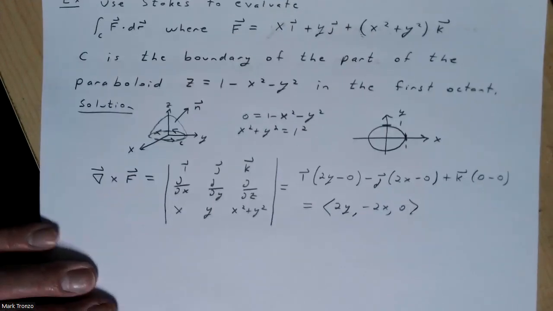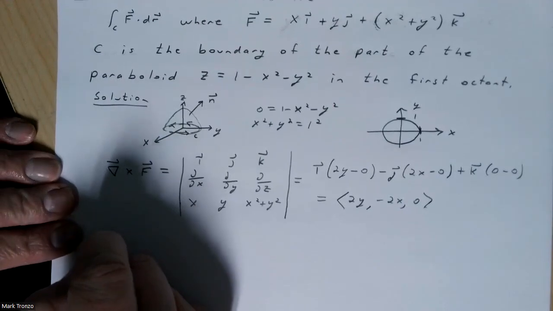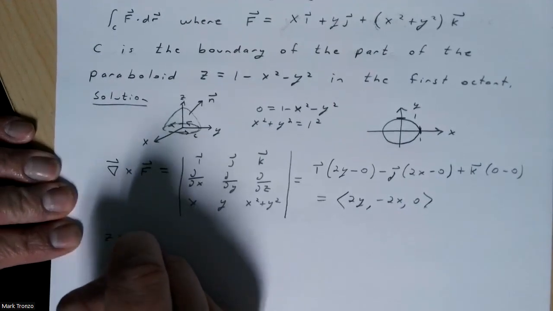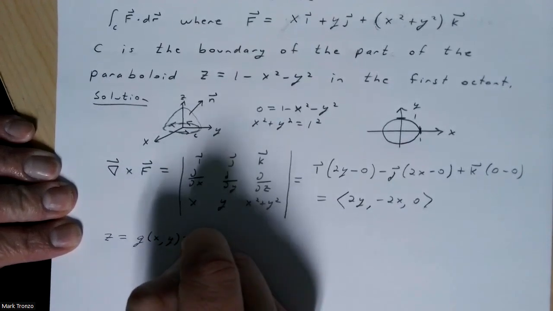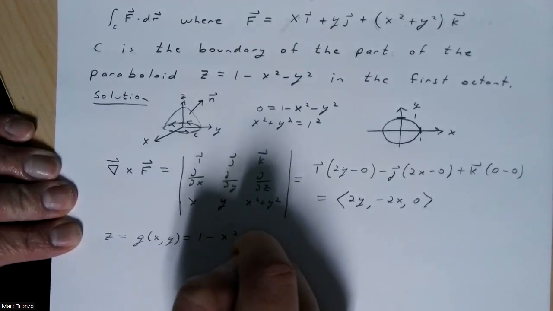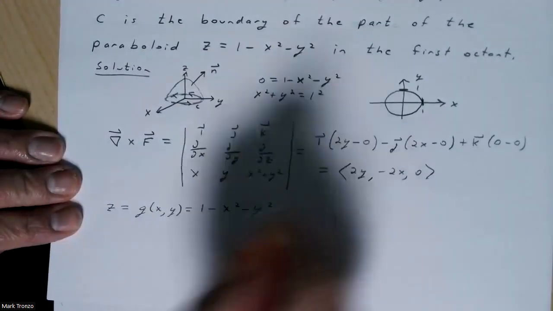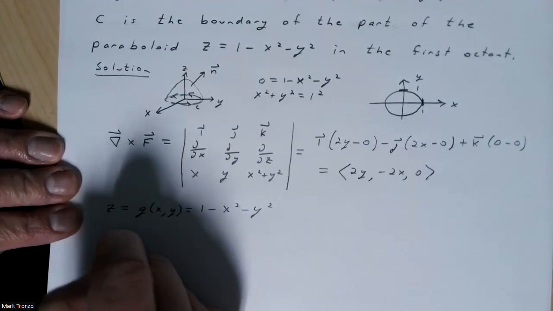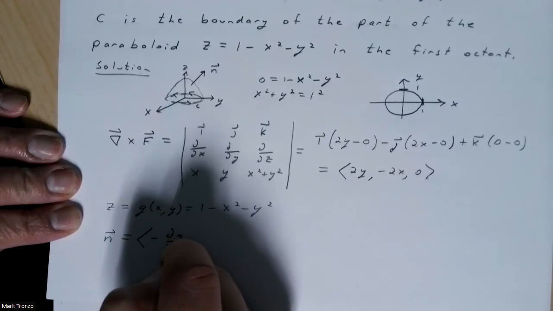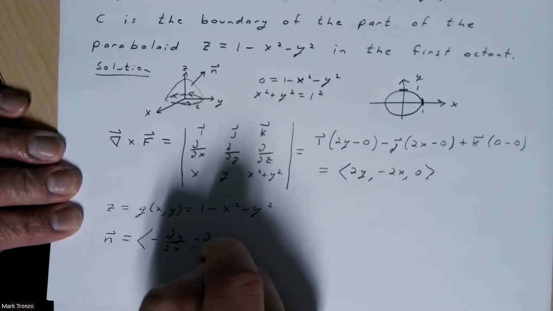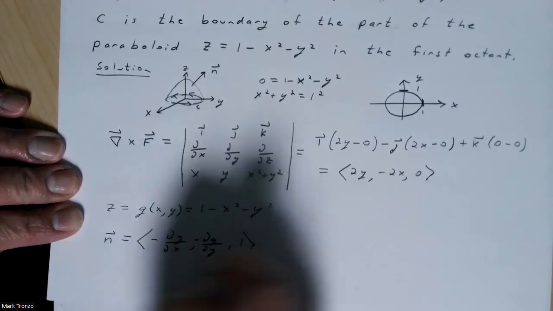Then we can find our normal vector here. Again, our function is a function of x and y. And then our normal vector, remember, is going to be dg dx, negative dg dy, and 1.